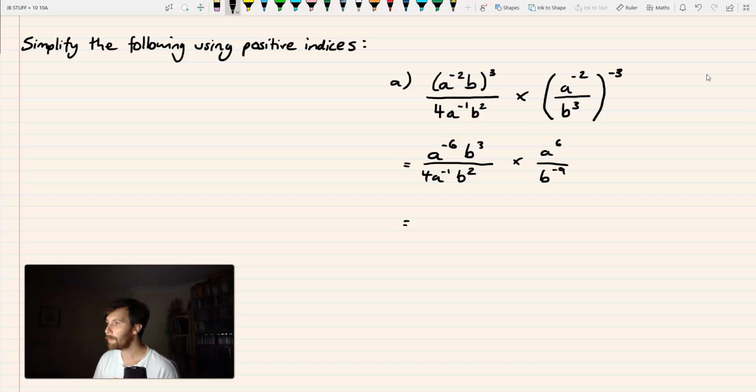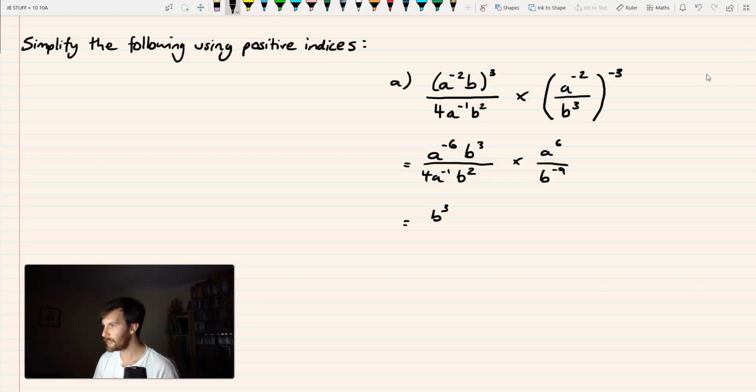Good one. Okay, there's a couple of different schools of thought as to what you do next here. I'd probably recommend just making everything positive. When I say everything positive, I just mean your powers for this one. A negative number here would just be a negative number. So for me, I'm going to start by making my left-hand side indices positive.